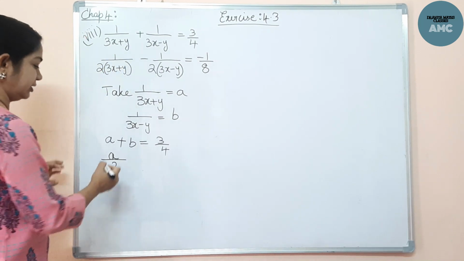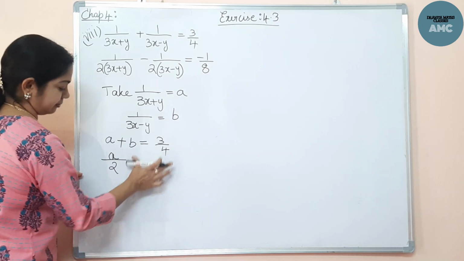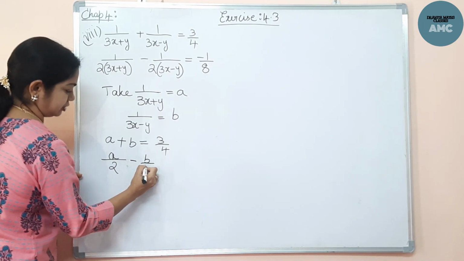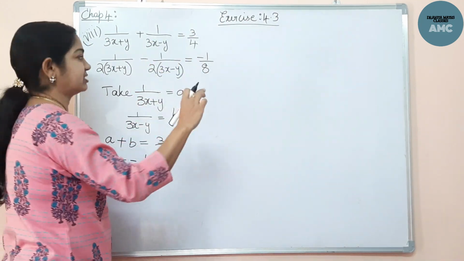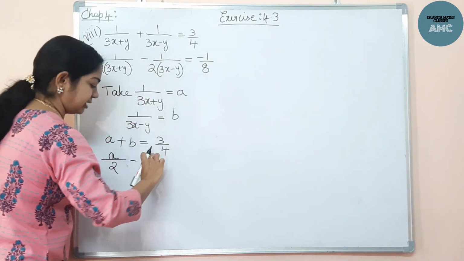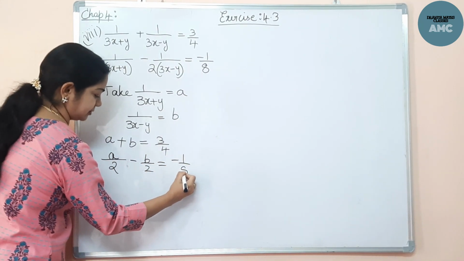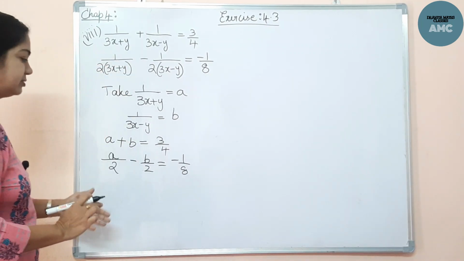Here also again minus b by 2. See here, 1 by 2 into 1 by 3x minus y. 1 by 3x minus y is b. So b by 2. This comes to minus 1 by 8. Like that, the equations are reduced here.